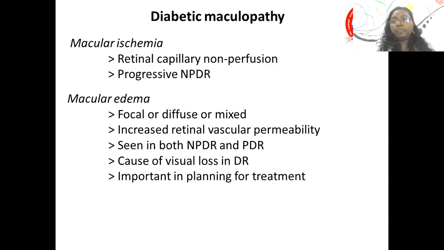Macular edema can be focal, diffuse, or mixed. Increased retinal vascular permeability leads to macular edema. It's seen in both non-proliferative and proliferative diabetic retinopathy, which is important in planning the treatment.